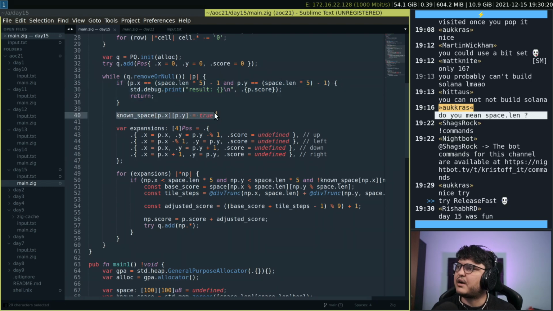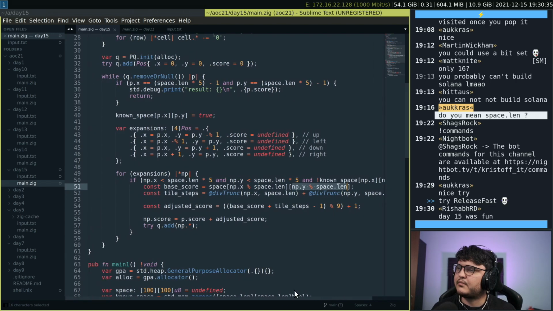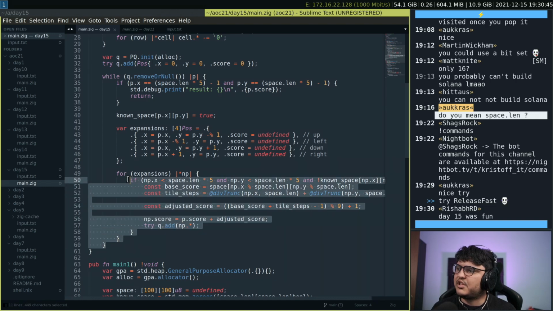X and Y are real coordinates, and we modulo them when we want to get information from our reduced space. We check everything correctly. This should be fine.